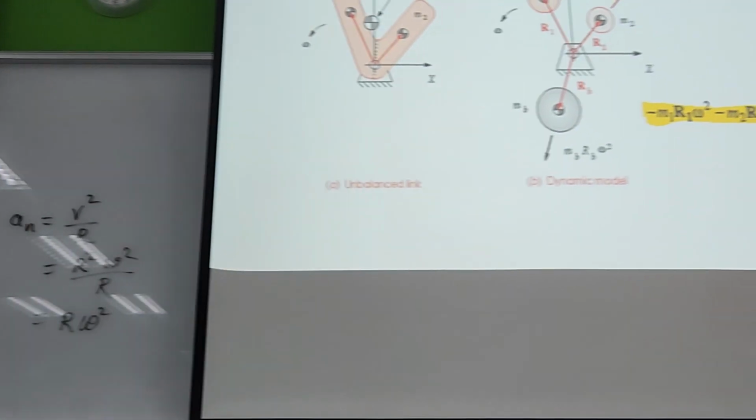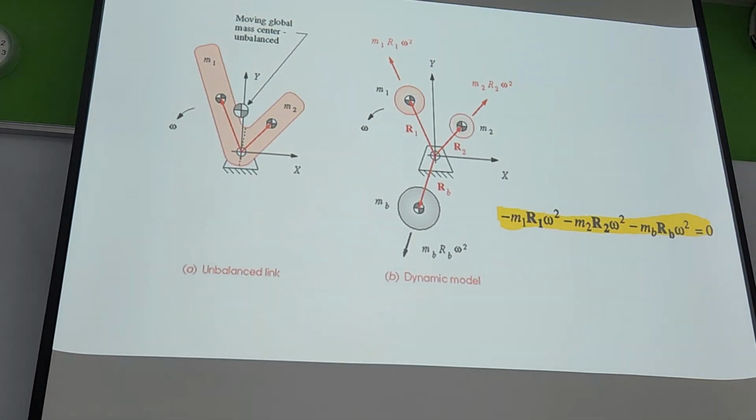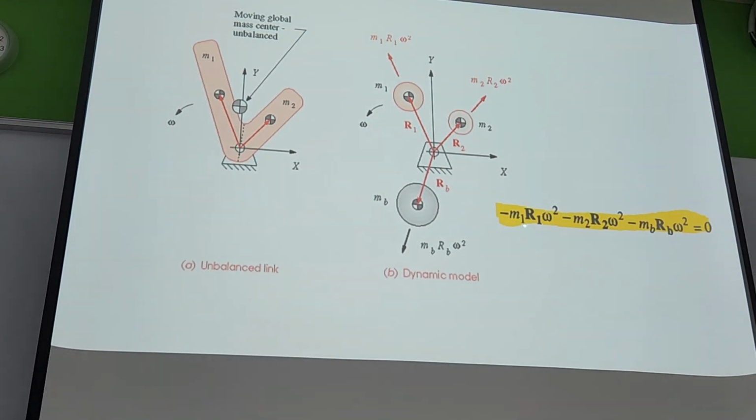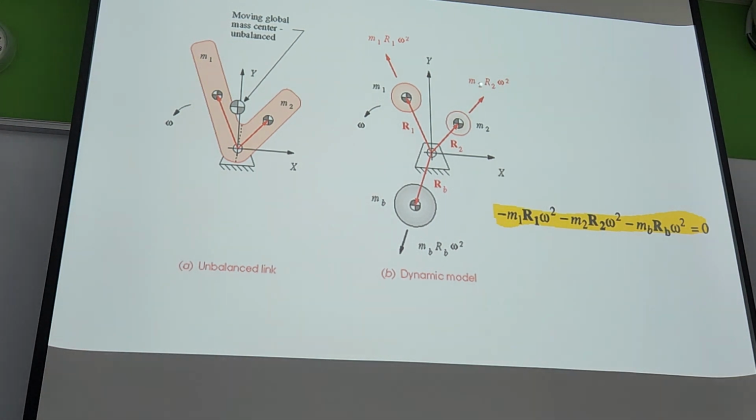If you multiply with mass, you get force. Now the first one, m1 r1 omega square, is the force acting on link 1. Force acting on link 2 is m2 r2 omega square. Now you are creating a balancing mass.